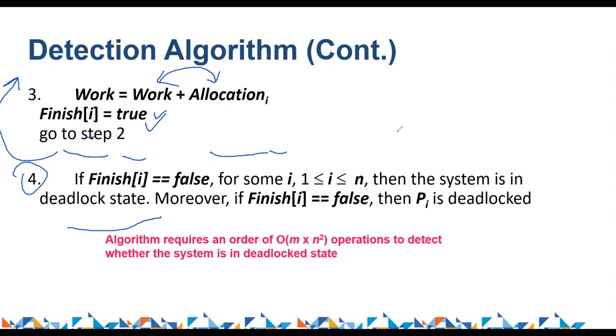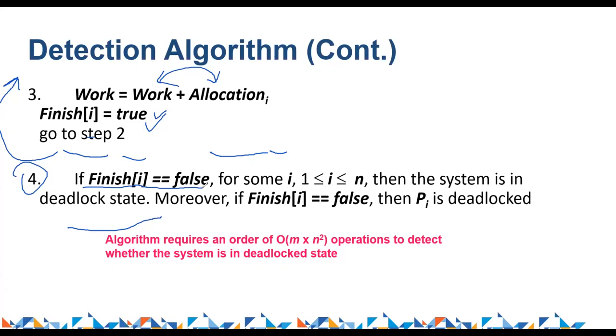It means that when this case occurs, Finish[i] is equal to false, then for some of the i, the resources are not sufficient. Or maybe all those resources which are held by the processes, collectively, are not sufficient for the waiting process to satisfy its request.